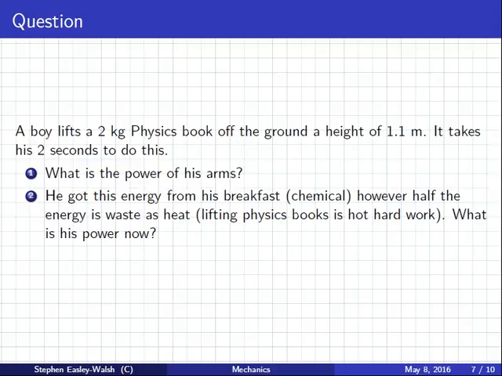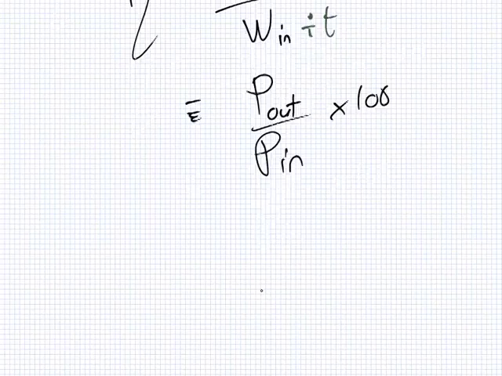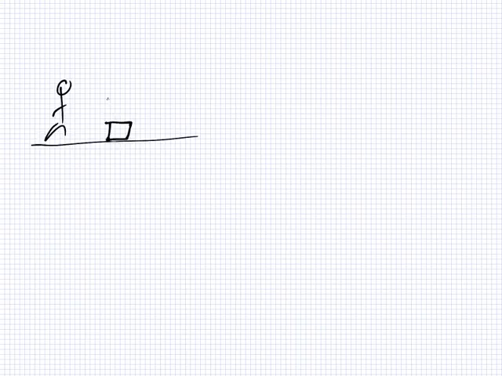So it will be mgh. Because think about this. What does he do? He takes a book, which is on the ground, and he lifts it up here. So here, what's the kinetic energy? Zero.